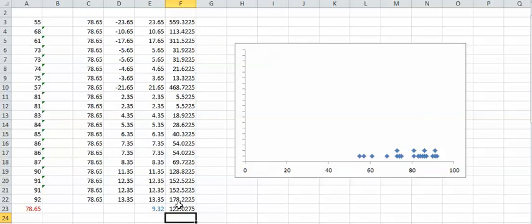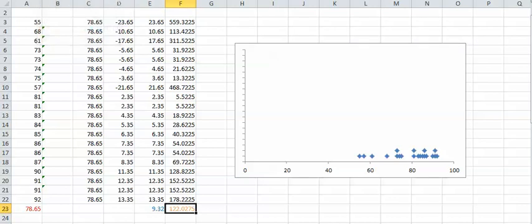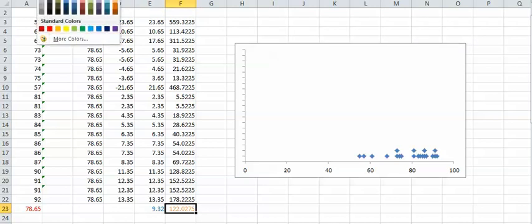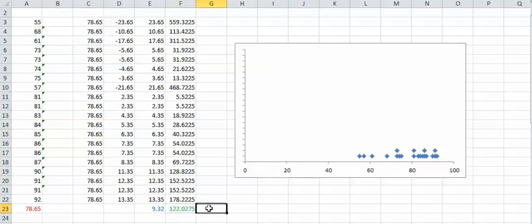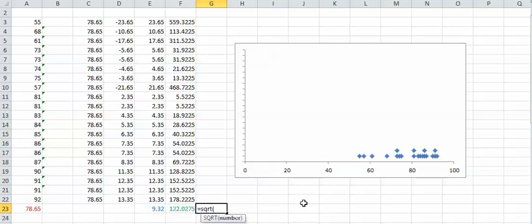So this is our variance right here. I'll give it a color, maybe green. And then the square root of the variance is our standard deviation. So this is our standard deviation. It's just the square root of the variance right here.